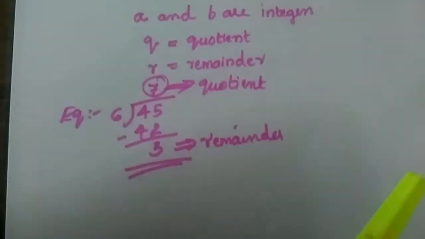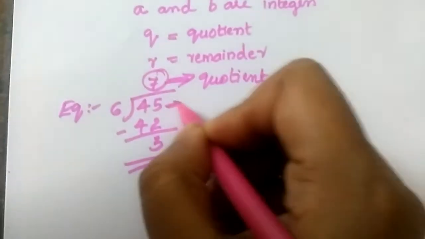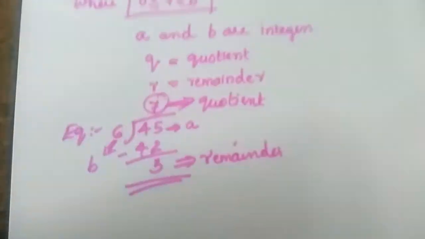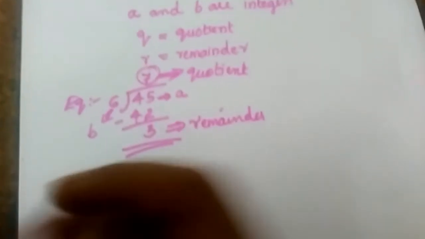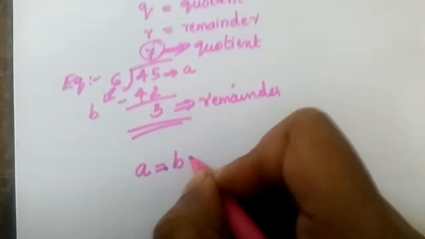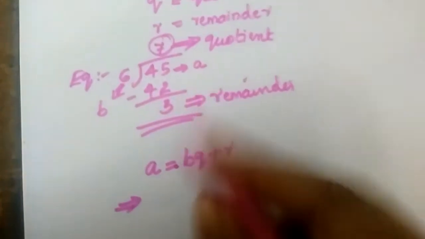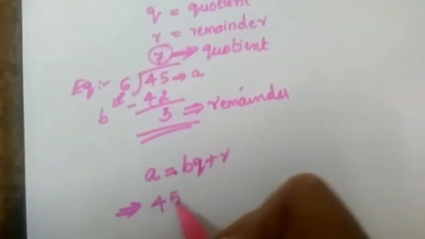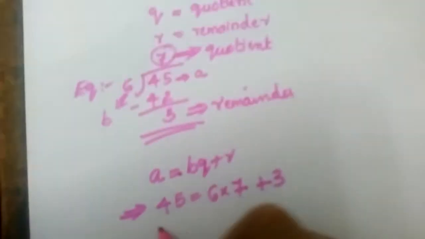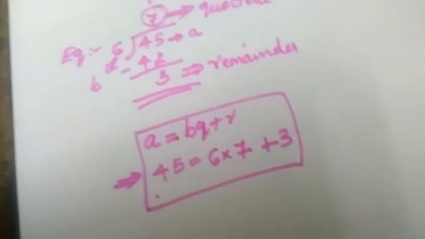Which are the two numbers a and b? 45 is a, 6 is b. How to represent this in the form of Euclid's division lemma? The condition is a = bq + r. So 45 = 6 into 7 plus 3. This is the representation of Euclid's division lemma.